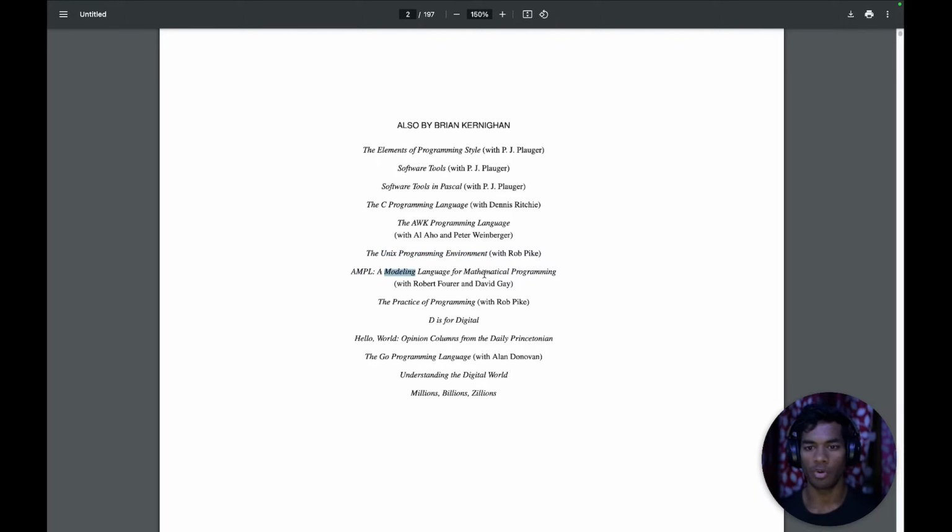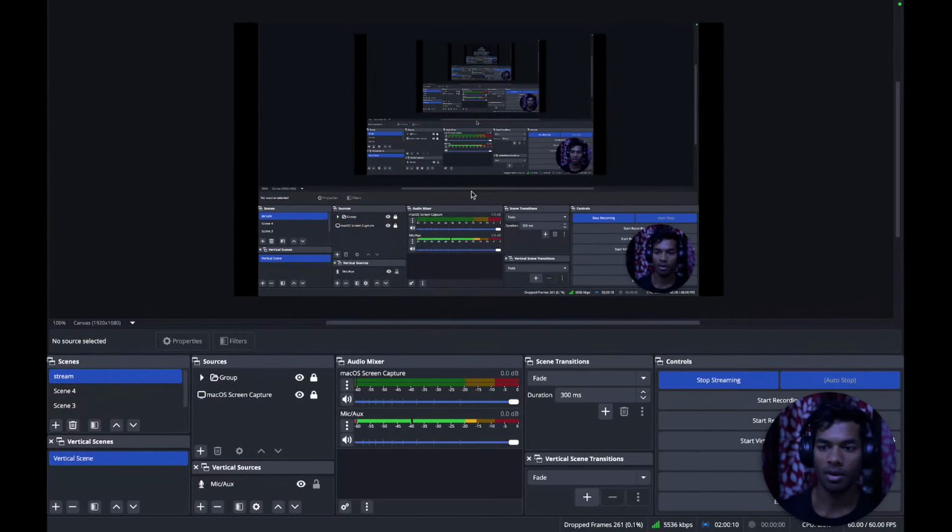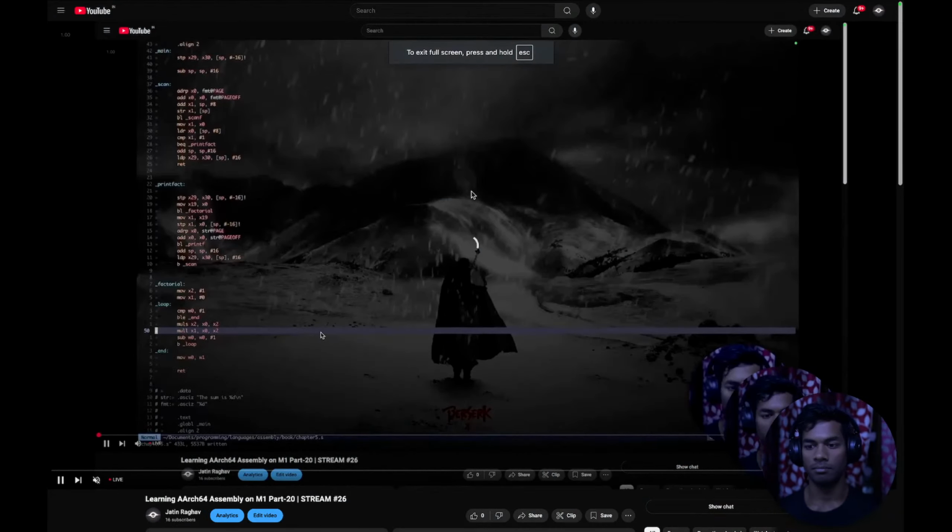AMPL, a modern programming language for mathematical programming. The Practice of Programming. D is for Digital. Hello World, opinion columns from the Daily Princetonian, The Go Programming Language, which is a good book. Understanding the Digital World and Millions, Billions, Zillions. These are good books by Brian Kernighan, and I will be reading them too. Maybe I will read them over here on the stream.